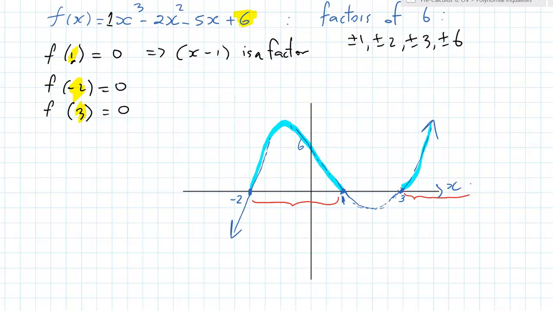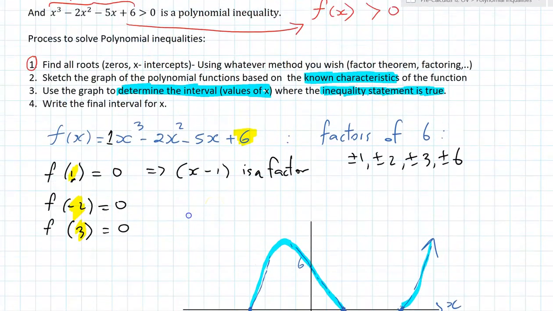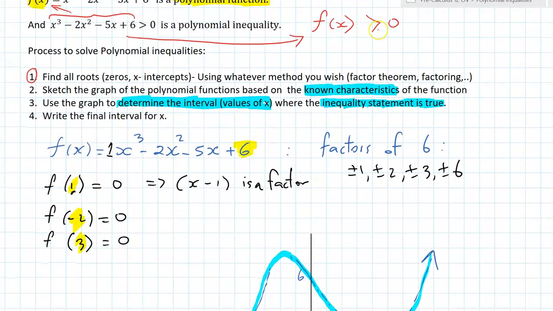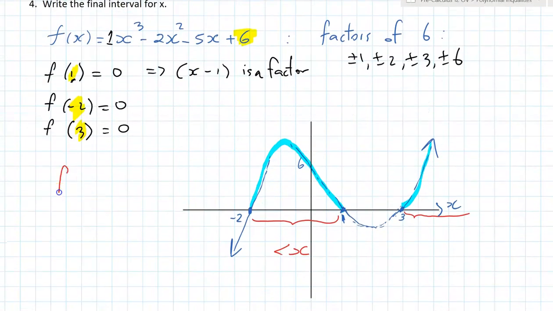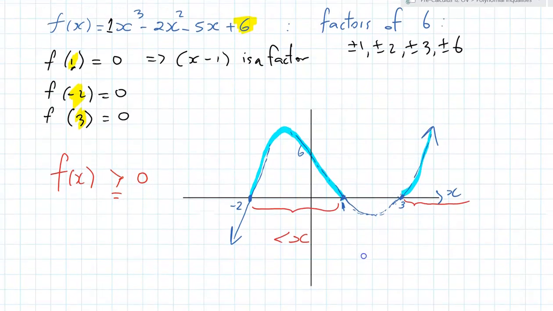So the way we write this, we write it the same as saying an interval. We put the x in the middle. Because the inequality is strictly greater than, so that's greater than. Okay, so let's make a note. f of x, we want to find all values of x where it is greater than 0. All right, greater than means that it's not equal to.